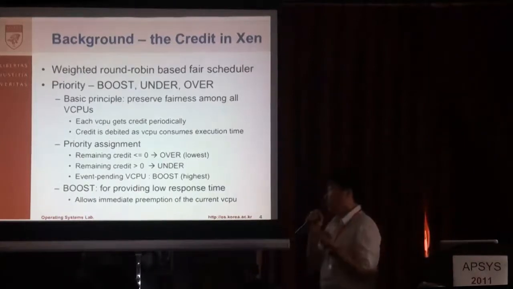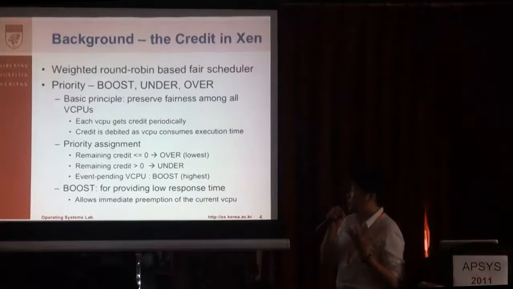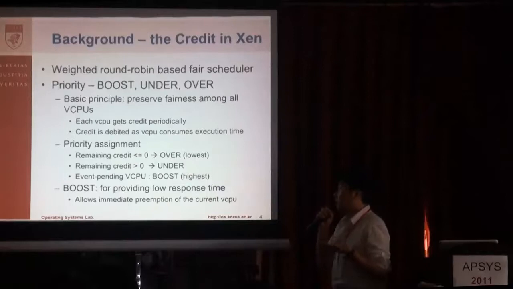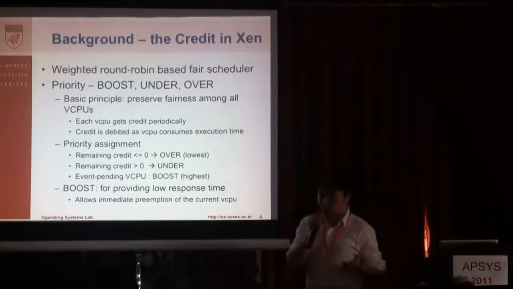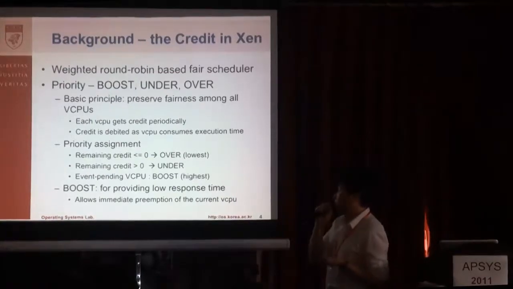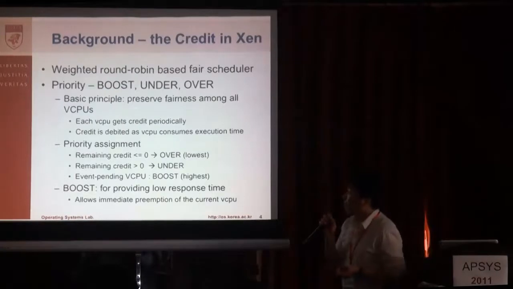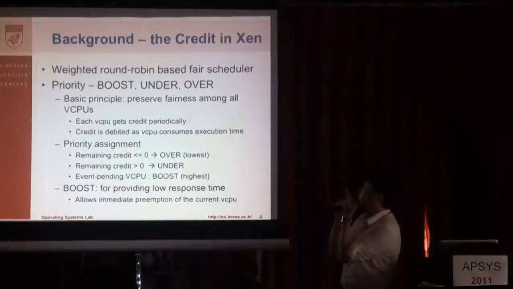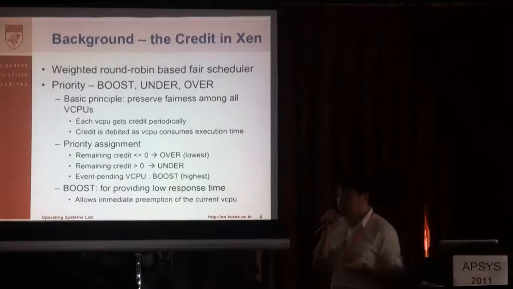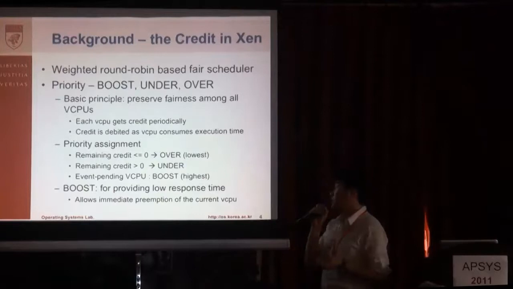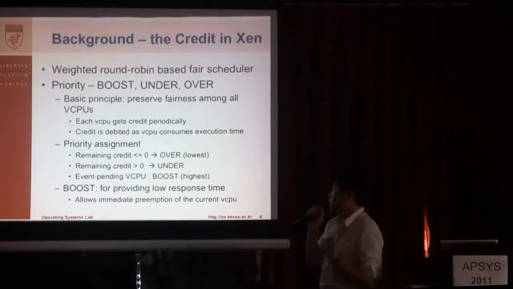So the scheduler picks one. Or if the vCPU consumes all its credit, then the priority is over. When the priority is over, the vCPU is not selected by nature. Because of the credit scheduler's weighted round-robin based scheduling, it takes a long round-trip latency in terms of response time.